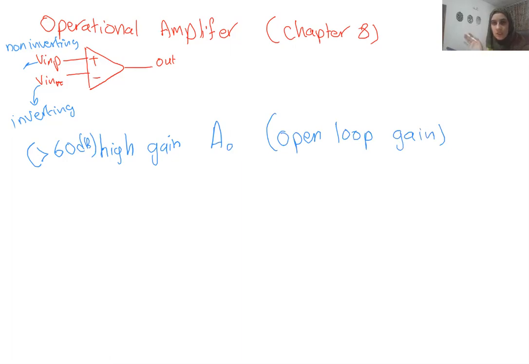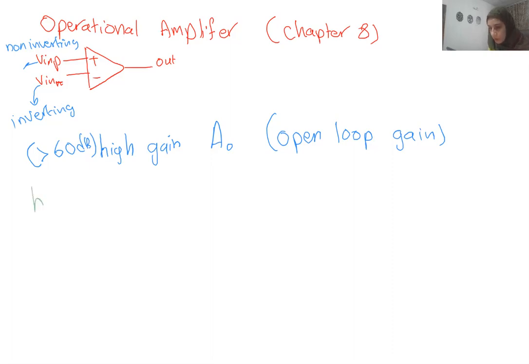When there is no connection from the output back to the input, we call it an open loop gain. When we have a connection or feedback from the output back to the input side, it is a closed loop gain, and there is a difference between them. Okay, so this is one of the main characteristics.